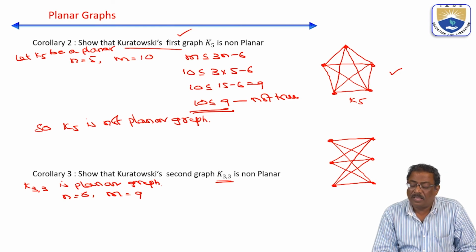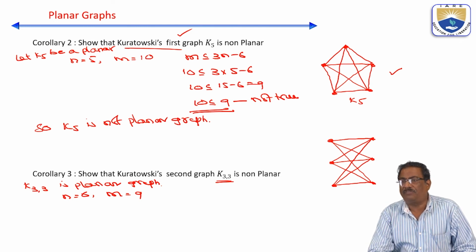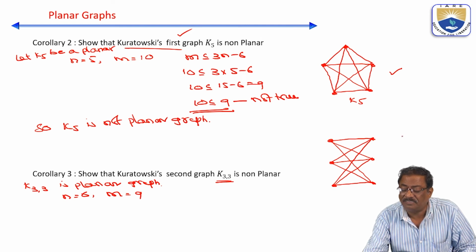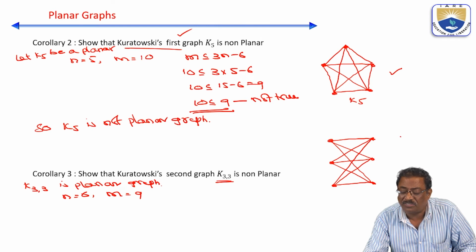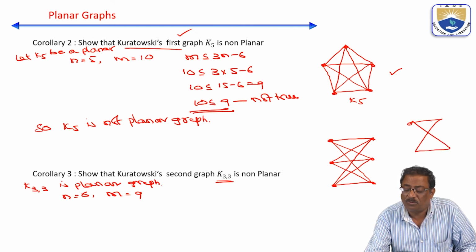Now let us assume that this is a planar graph. Then it has regions, and the regions are bounded by how many edges? Let us consider one region. This is how I am getting it. So I am getting one cycle, which is formed by 1, 2, 3, 4.